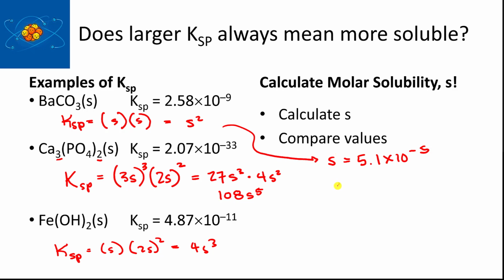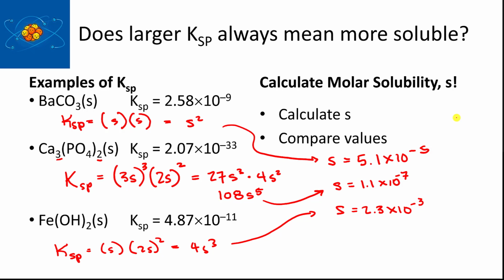For calcium phosphate, that ends up being 1.14 if you're doing the calculation with me, times 10 to the minus 7. And then iron hydroxide, so this is just solving for S, ends up being 2.3 times 10 to the minus third, like this.